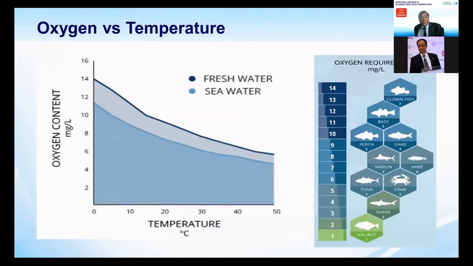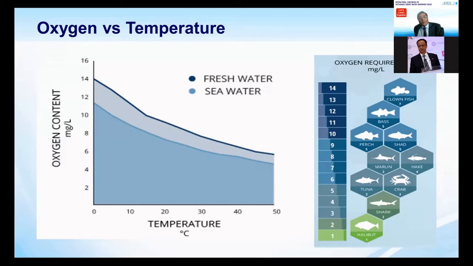Similarly, oxygen is an important factor present in the water. Normally, in fresh water, around 6 to 8 milligrams per liter of oxygen is present, which is very much required for aquatic life. This is a graph for your better understanding at the various temperatures. You see at low temperature, the oxygen concentration is highest: for seawater we have around 11 milligrams per liter, and for fresh water around 14.